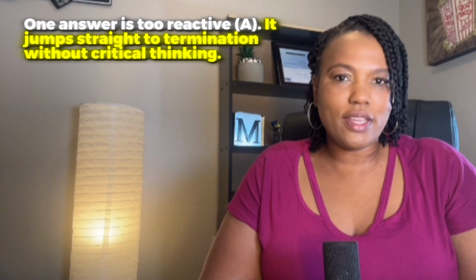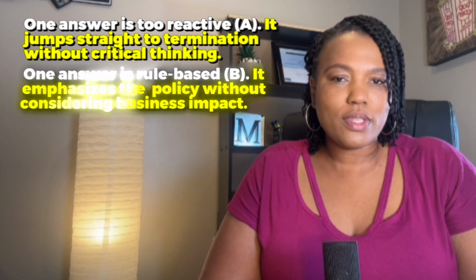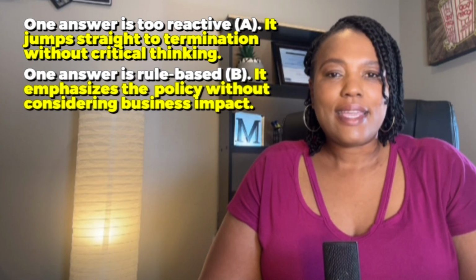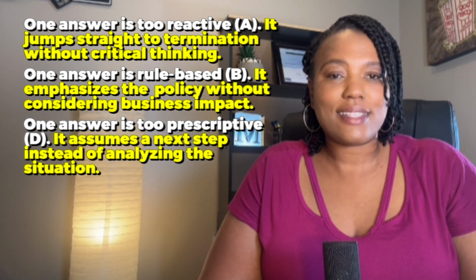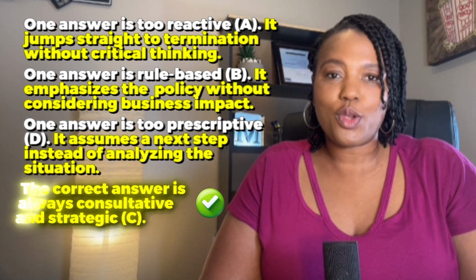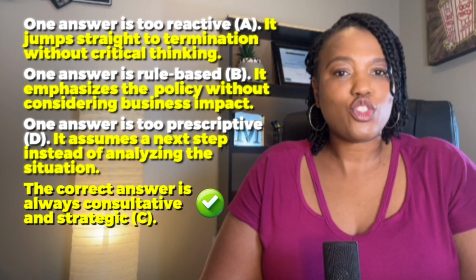Now, at first glance, all of these sound like HR decisions. But here's the structure. A is reactive. It jumps straight into a decision without critical thinking. B focuses on policy. D assumes what the next step should be instead of analyzing this situation as a whole. So the correct answer is C because it is consultative and it is strategic.